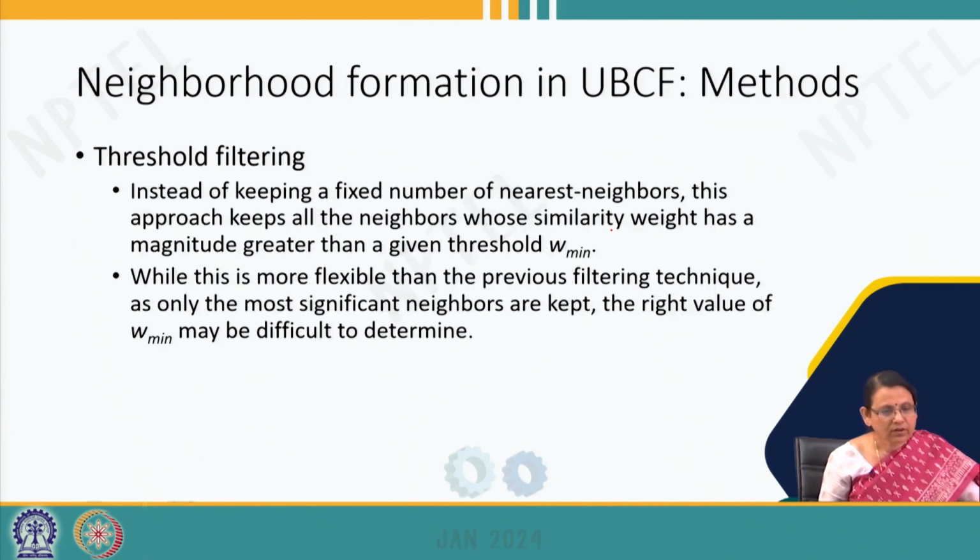Next is threshold filtering. In threshold filtering, instead of fixing the number of nearest neighbors, you keep all the neighbors whose similarity weight has magnitude higher than a certain threshold.